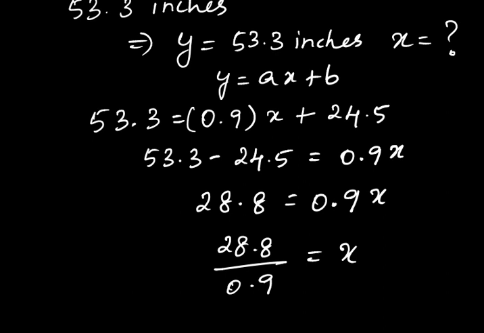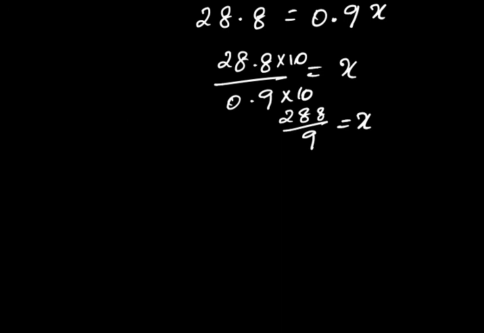It is a little difficult to divide, so multiply both numerator and denominator by 10, because here the place value where they have decimal is just 10, so multiply both by 10, so you'll get 288 divided by 9 is equal to x. So now divide, so when you divide you will get the quotient to be 32, so x value is equal to 32 centimeters.